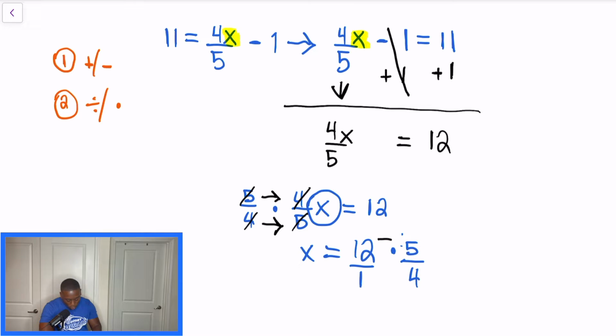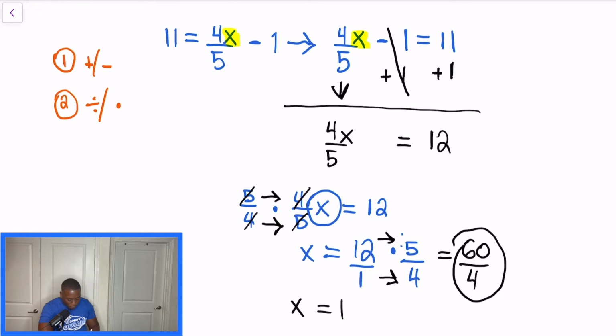Now we multiply straight across, and this gives us 60 over 4. Once we simplify this fraction, we can say that x is equal to 15. So this is when we divide by the entire fraction.